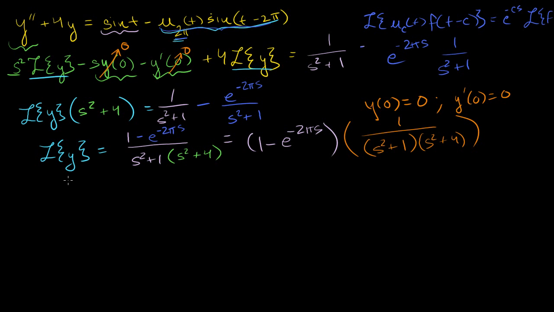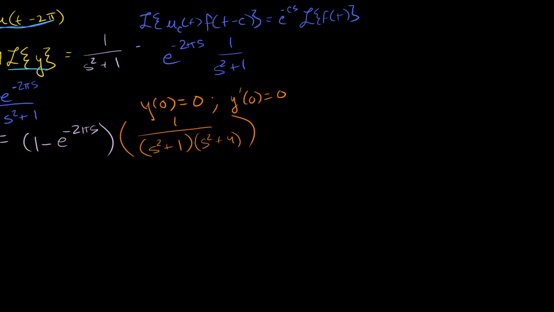So we're going to do this on the side. Maybe I should do this over on the right here. This thing, let me rewrite it, 1 over s squared plus 1 times s squared plus 4 should be able to be rewritten as two separate fractions, over s squared plus 1 and s squared plus 4. With the numerators, this one would be as plus b.